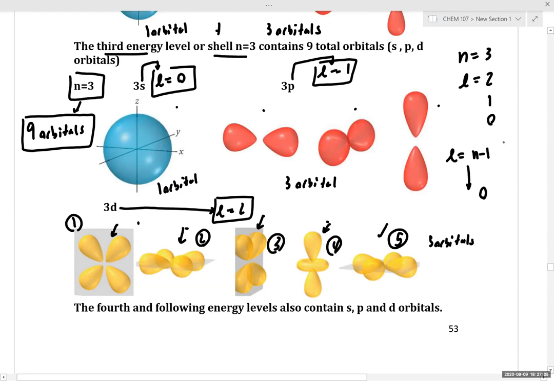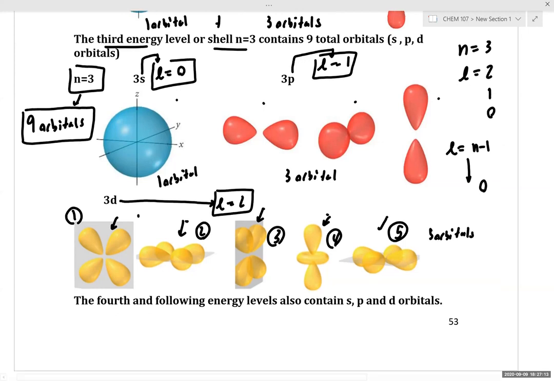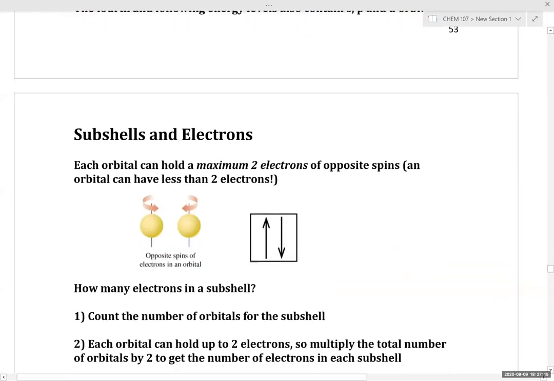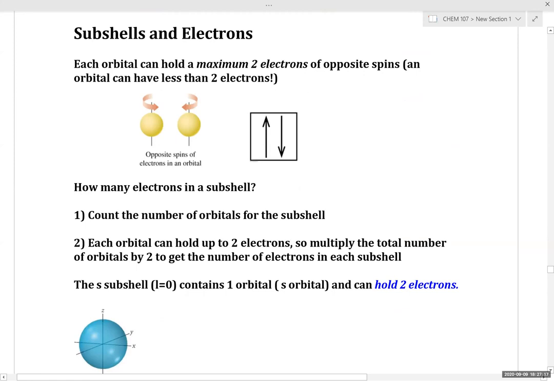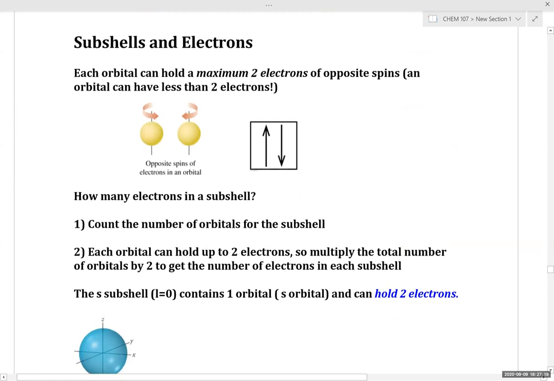So now what we're going to do is tie this idea of orbitals directly to the periodic table and to our electrons. I know this seems esoteric at first, but now we're going to start counting electrons.